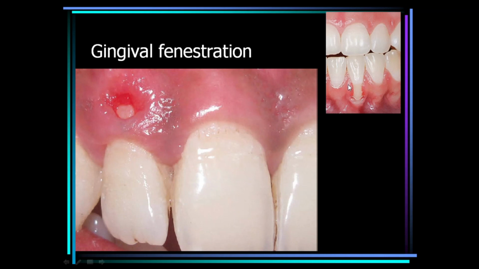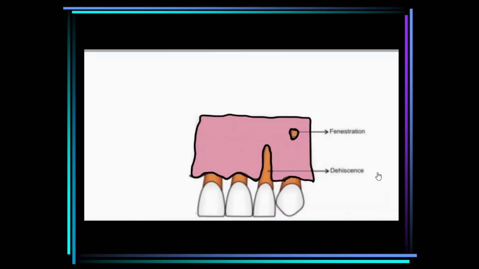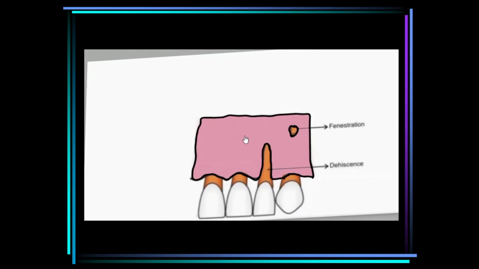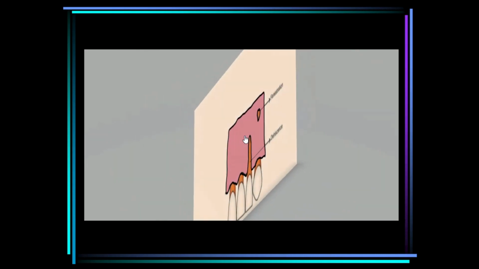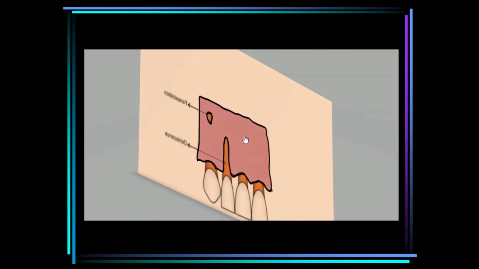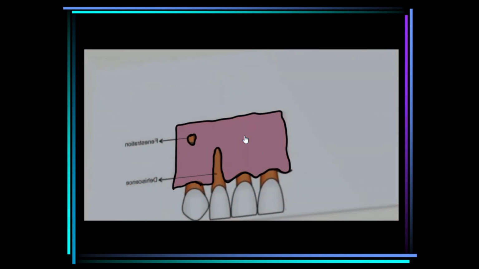So when it is in the soft tissues, it is known as gingival fenestration and gingival recession. And if you see the fenestration in the bone after lifting the gingiva, then this is known as fenestration in the bone, and this is dehiscence.